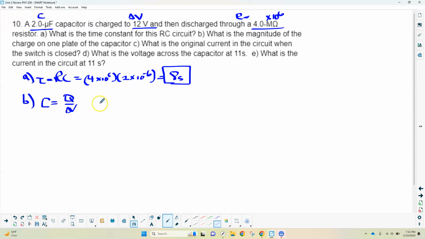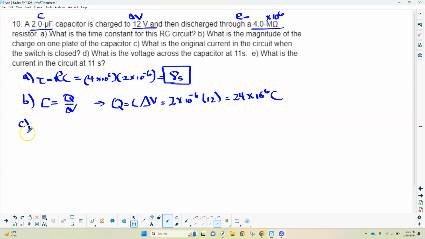So we know the capacitance, and we're looking for Q. So Q equals C times delta V. So again, C is that 2 times 10 to the negative 6. And V is the voltage, so that's 12. So it's really 24 times 10 to the negative 6, or 24 microcoulombs. That's a micro, and that's coulombs, C.